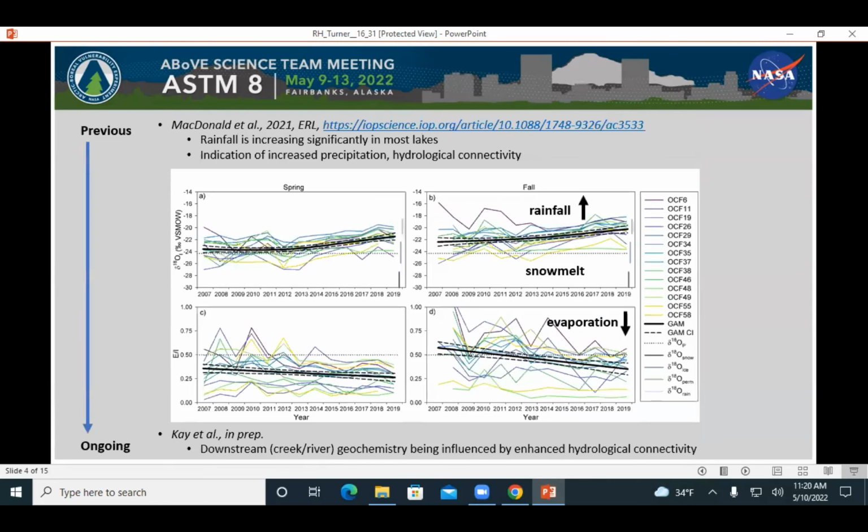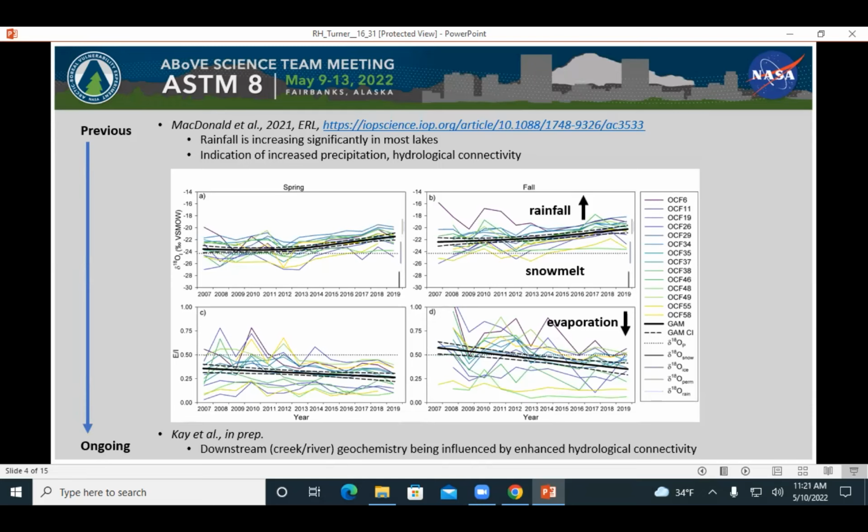And what we're noticing from that, this is a paper that we just published last year. The way the last presentation ended, this one continues, it works well because we're seeing this overwhelming increasing signature in rainfall. We can do a few things with the water isotopes, model actually what the proportion of rainfall versus snowmelt is.